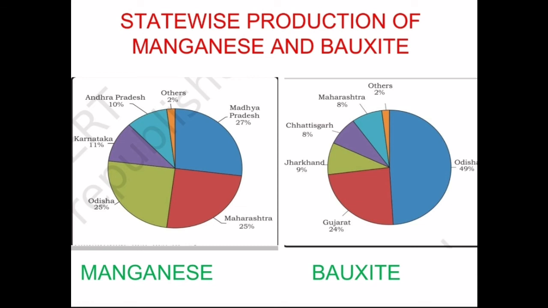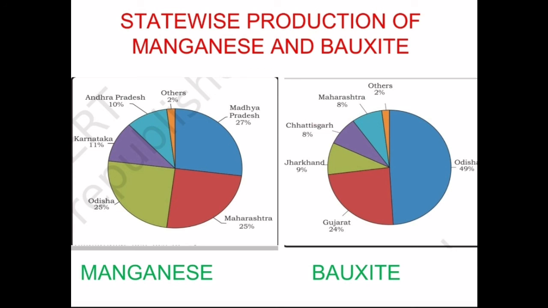Children, this is the state-wise production of manganese and bauxite. In the case of manganese, 25% of the total production comes from Maharashtra, 27% from Madhya Pradesh, Odisha 25%, Karnataka 11%, Andhra Pradesh 10%, and the rest 2% from the other states of India.